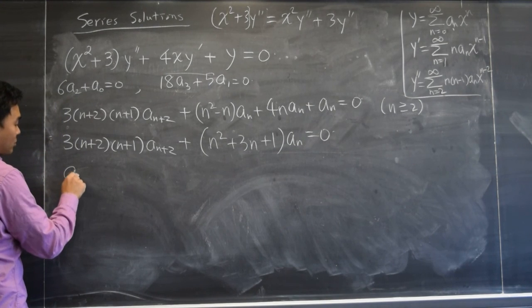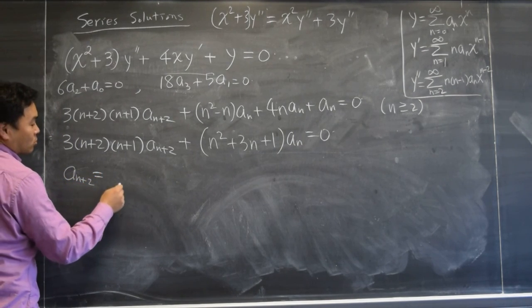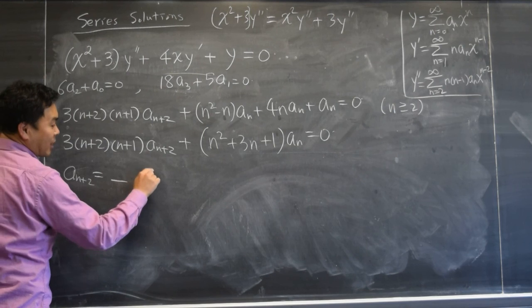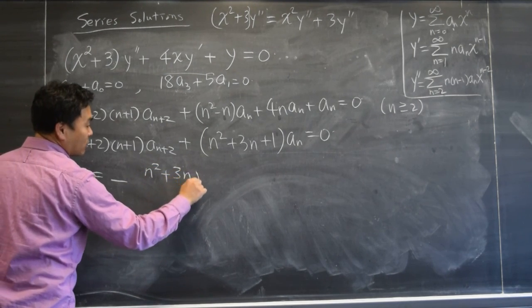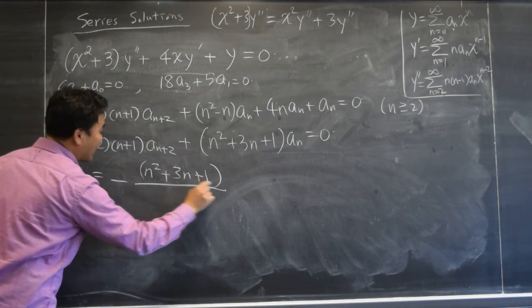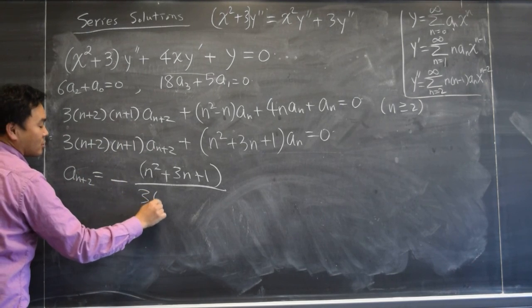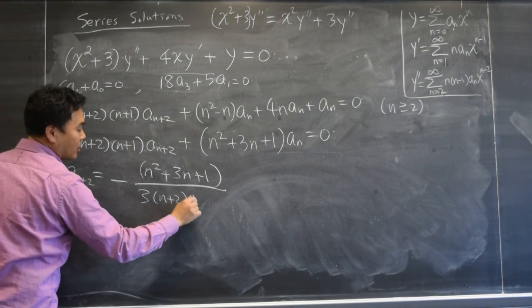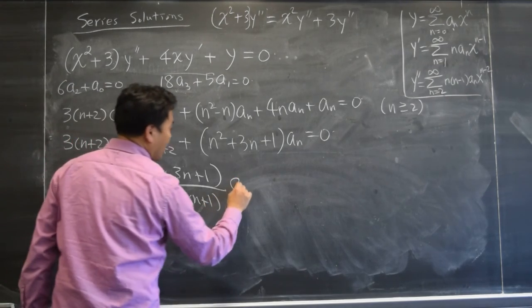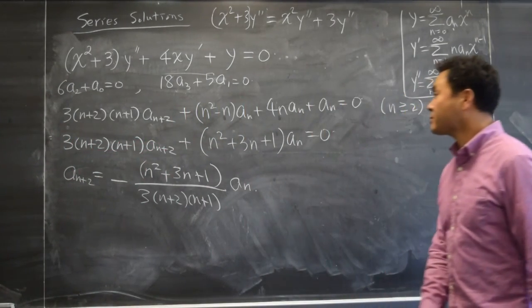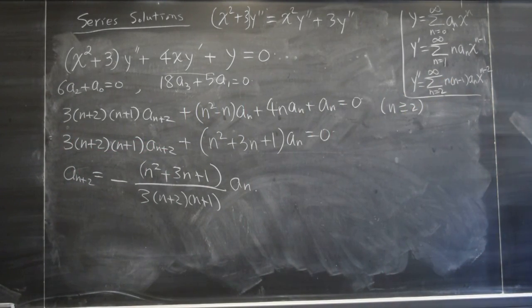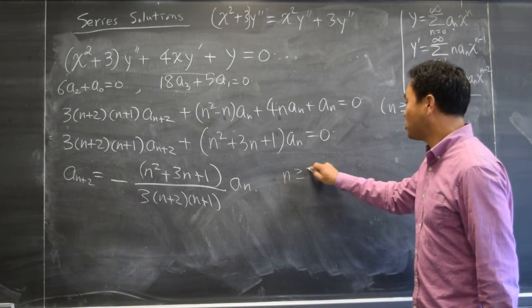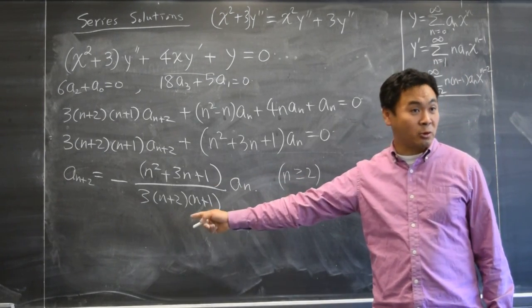So you have an plus 2 equals negative of n squared plus 3n plus 1 divided by 3 times n plus 2, n plus 1, times an. Okay. And n 2 or greater, and this is called a recurrence relation.